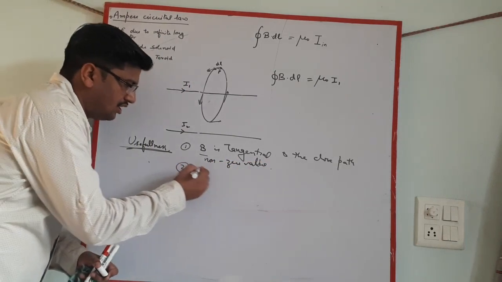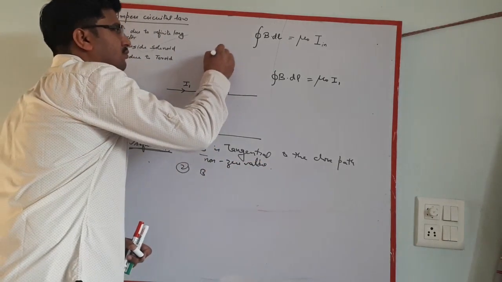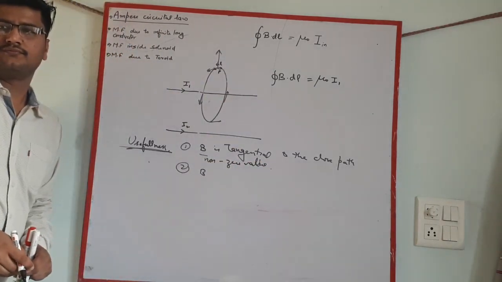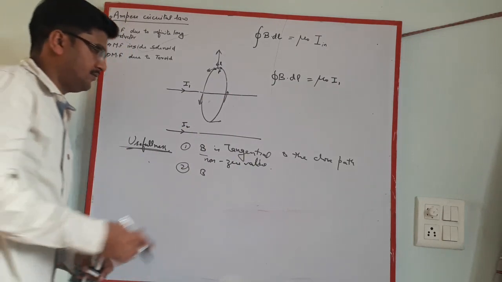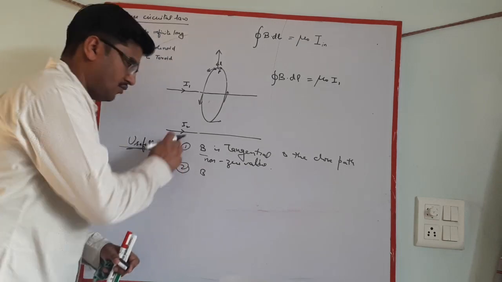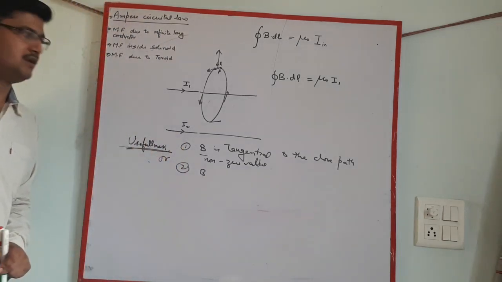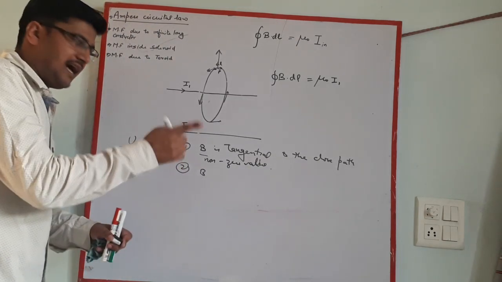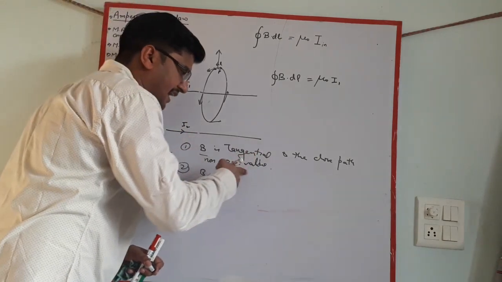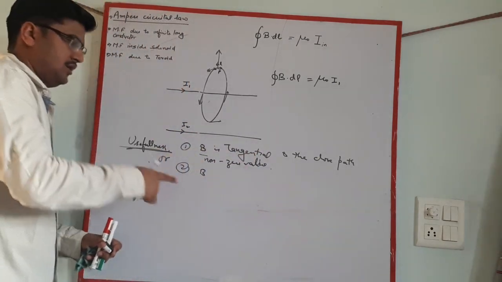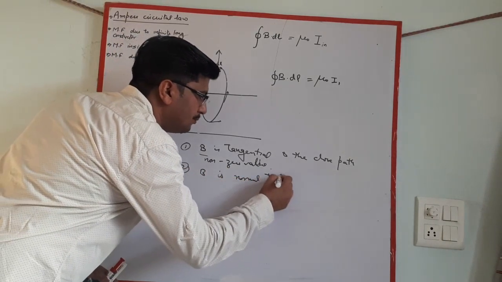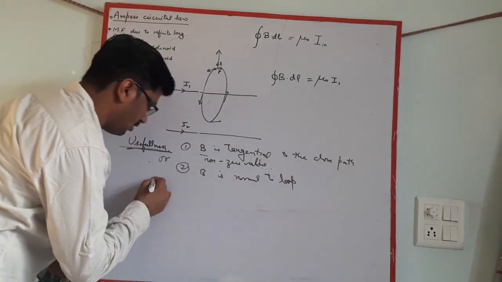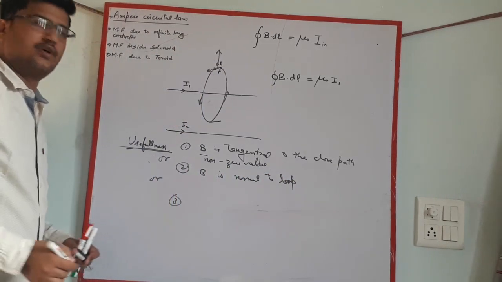Second, if B is perpendicular or normal to the loop. So the usefulness: either B is tangential and has a non-zero value, or B is normal to the loop, or B vanishes.